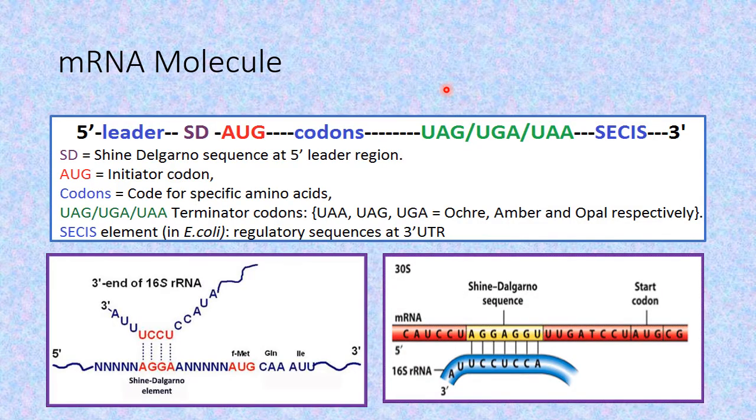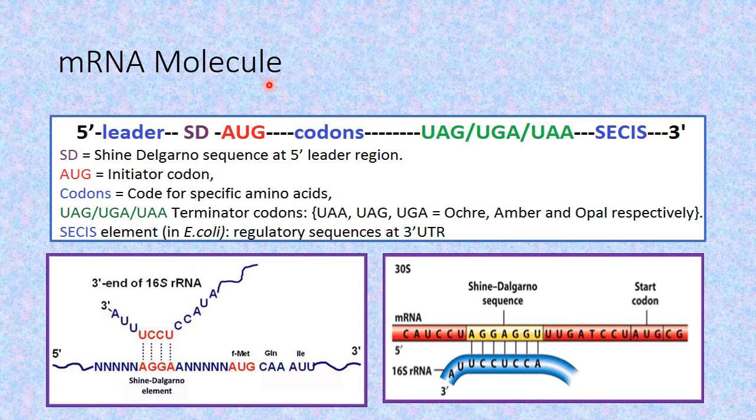Now next, the raw material that is to be organized is the messenger RNA molecule. This messenger RNA molecule, in case of prokaryotes, is present in the cytoplasm because no nuclear membrane is present. Organized nuclei are absent in prokaryotic cells.